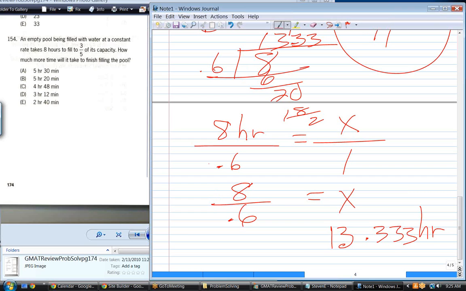I knew that when I divided 8 by a number less than 1, it had to get bigger. So I know the answer isn't 1.3, and it's certainly not 133. So the ballpark check is 13. In fact, I'm dividing by a number close to half, so I would expect the answer to be around 16 or 15 or something like that. So I know exactly where to put the decimal point.